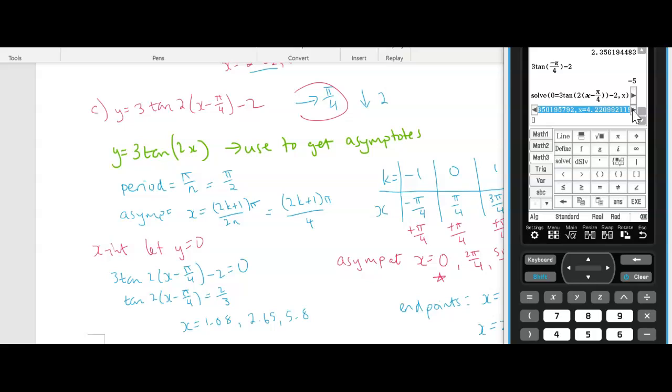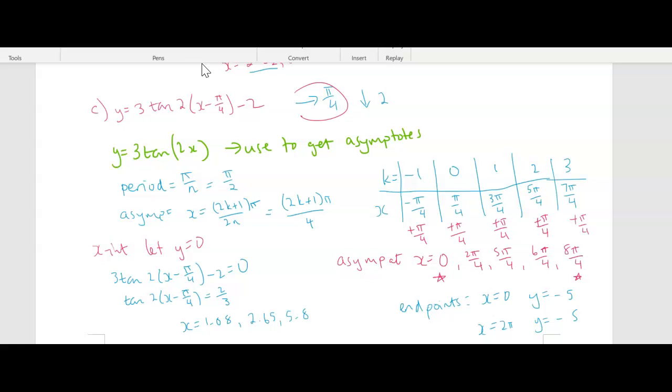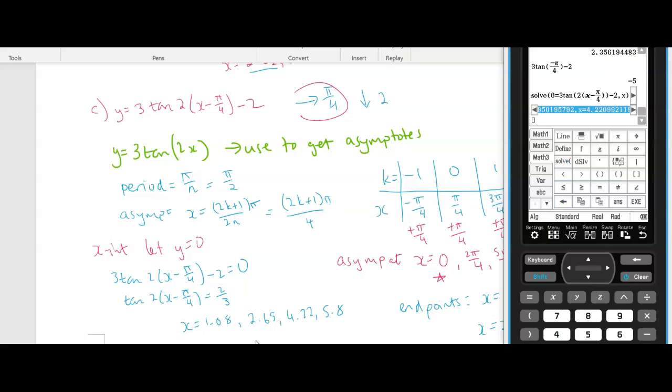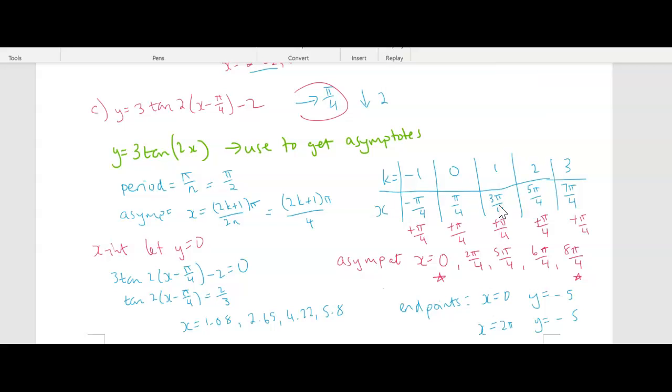What's that 4? 4.22. And I'll just double check that the last one was 5.8. So 1.08, 2.65, 4.22, and 5.8. Awesome. All right, we'll sketch it now.